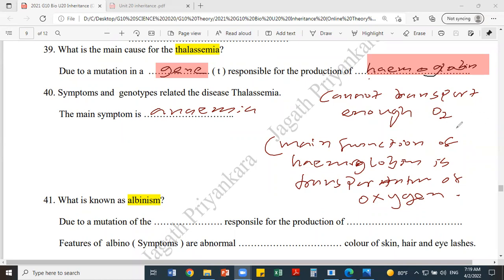Yes, Afan? Beans. Beans are rich in protein, Afan. I'm asking rich in iron. Nivedita? Spinach. Very good. Spinach is rich in iron, right?